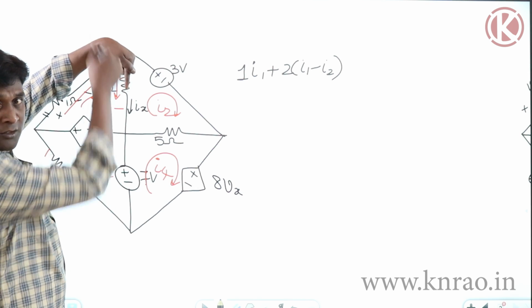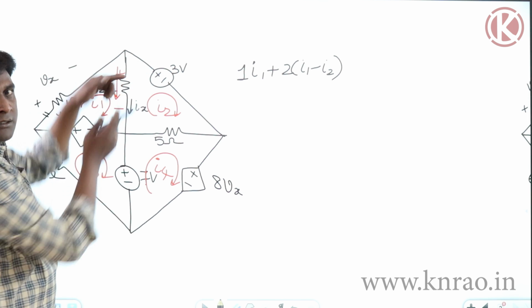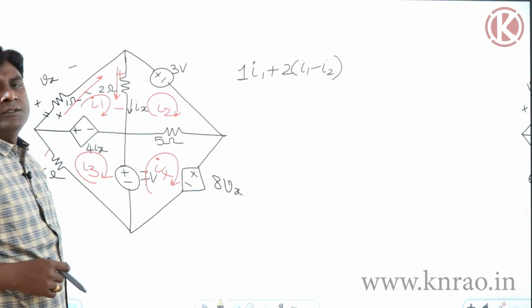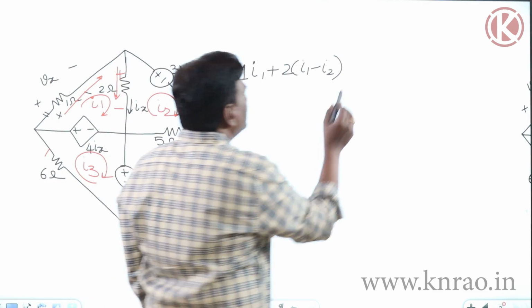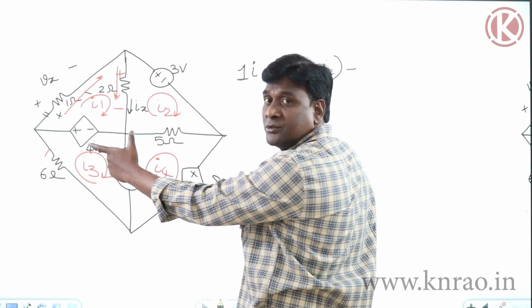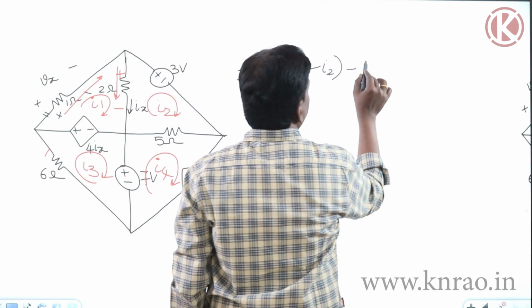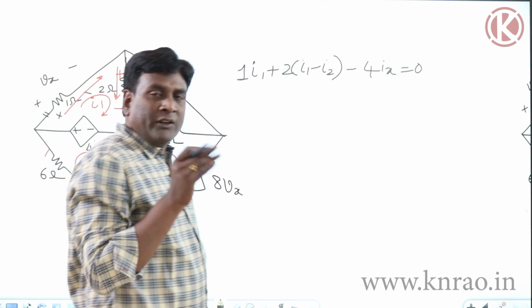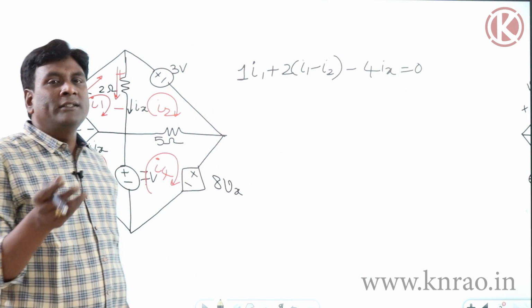I1 is in the same direction and I2 in the opposite direction, so the total downward current is I1 minus I2, and the resistance is 2. After that, minus, why minus? Because I touched minus first. It's a direct voltage source. So minus 4Ix equal to 0.